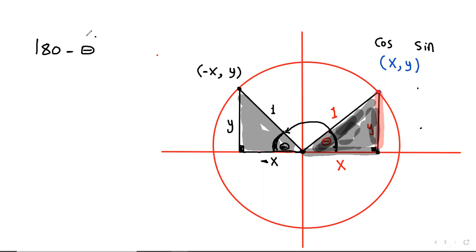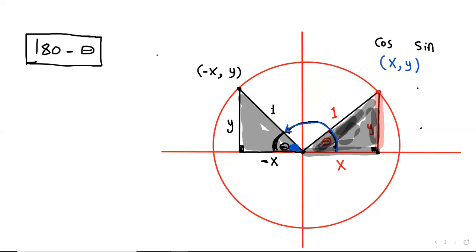And 180 minus theta leads you to get two related angles. Once again, if we moved from this side to this side, the size of this angle is not theta.